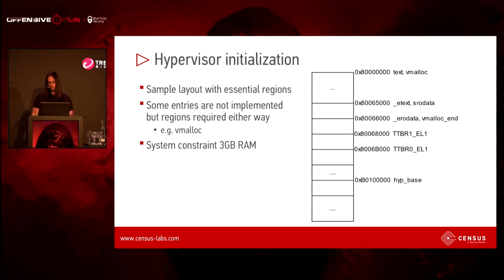However, they are expected by RKP, and we must at least make sure to satisfy the region layouts for these memory regions. And also, the system constraint of 3 gigabytes is explained here, since it ensures that we have enough physical address space to place specific regions in their expected physical locations.